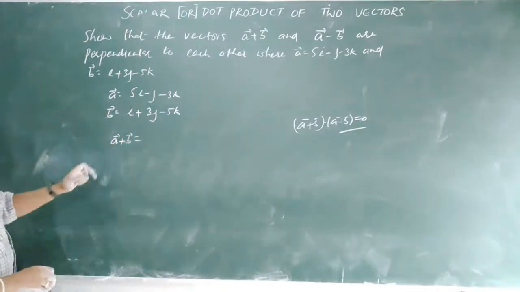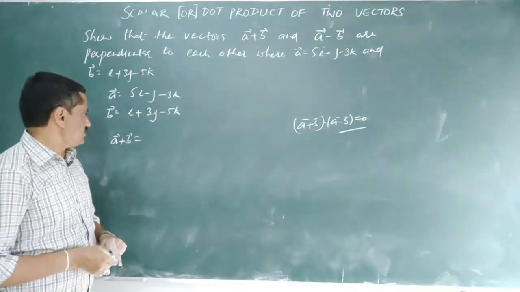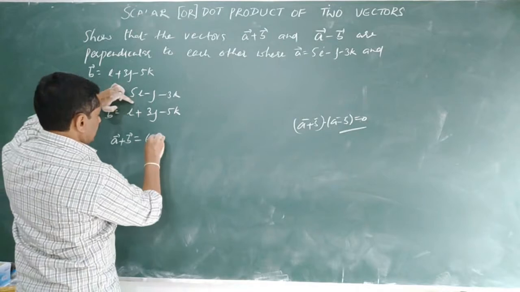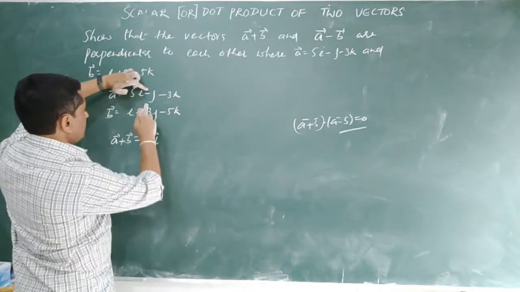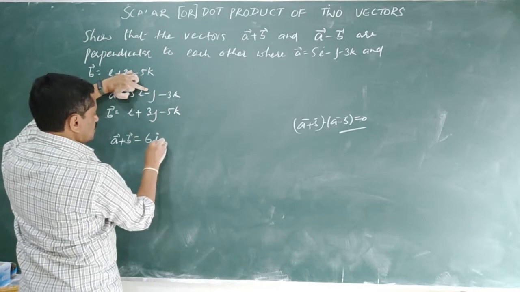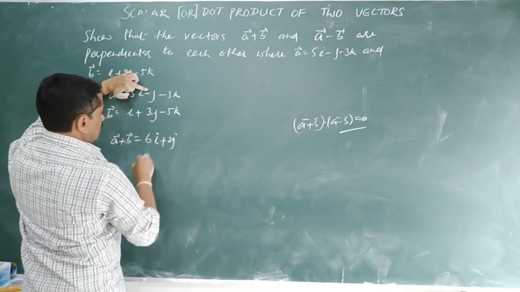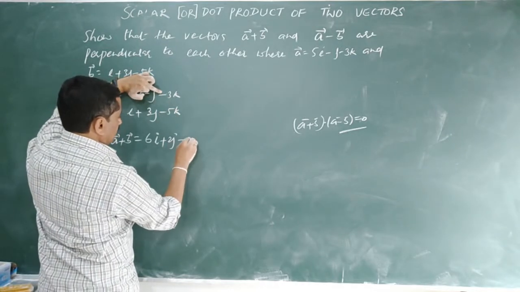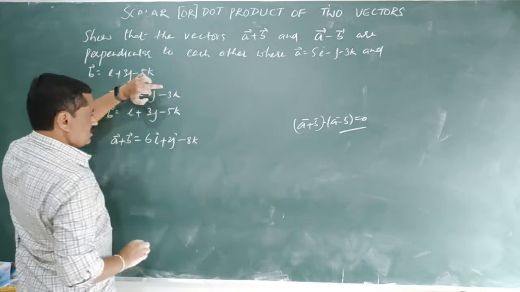This is nothing but adding the corresponding components: 5 plus 1, we have 6i. Again minus 1 plus 3, that is plus 2j. Again minus 3 minus 5, minus 8k.